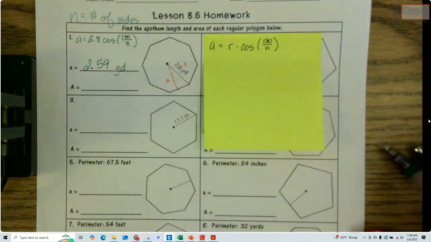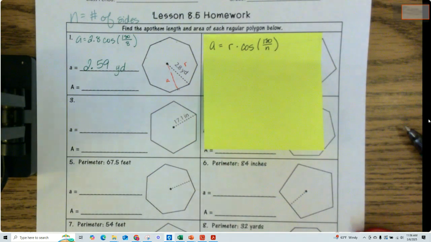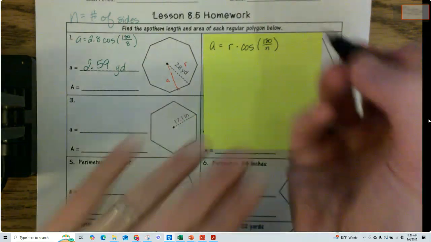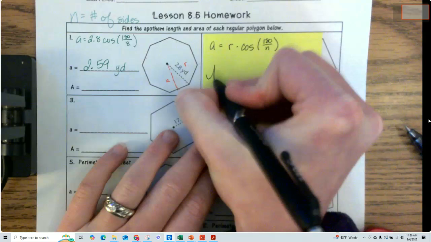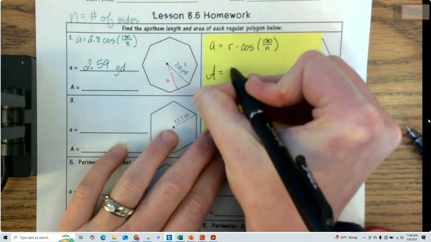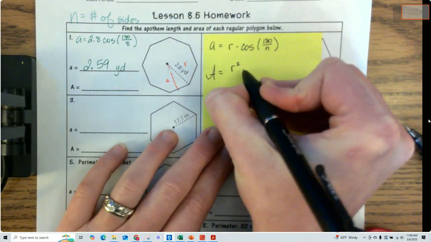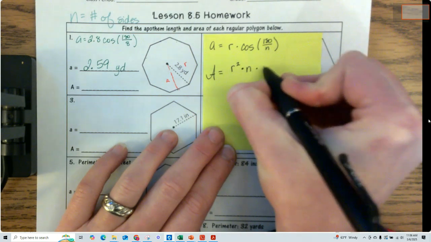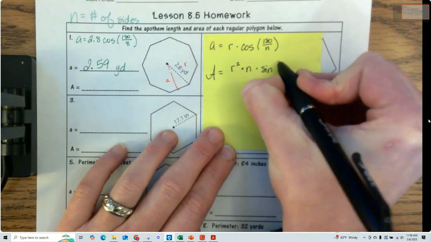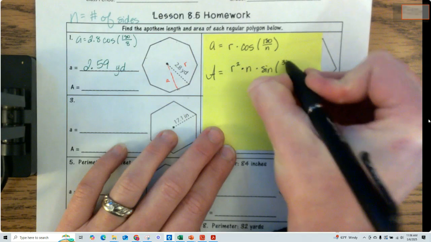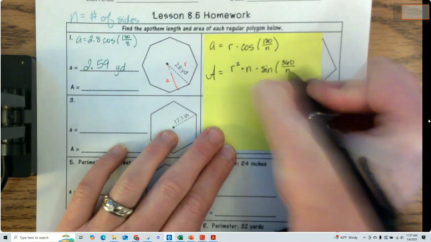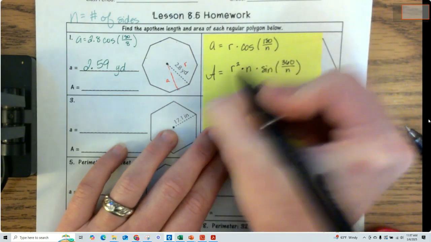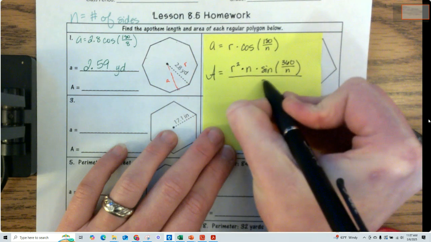Okay. Area, if we have the radius. So here's your next formula. Area equals R squared times N times sine of 360 over N, and then all of that is over 2.